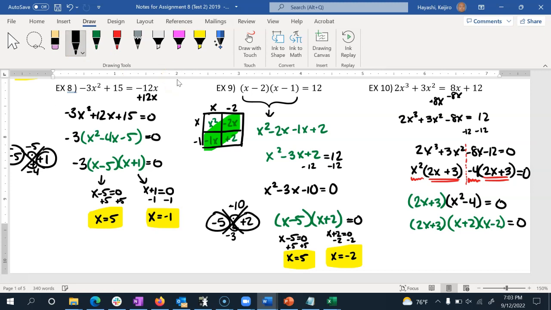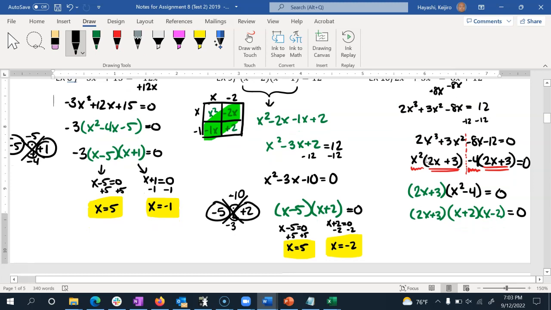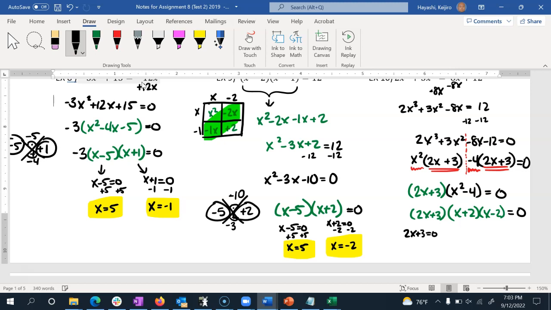So ultimately, we have 3 factors, and we're going to have 3 solutions. That's all because this is a cubic equation, even if we solve it in pretty much the same way, just through factoring. 2x plus 3 equals 0.